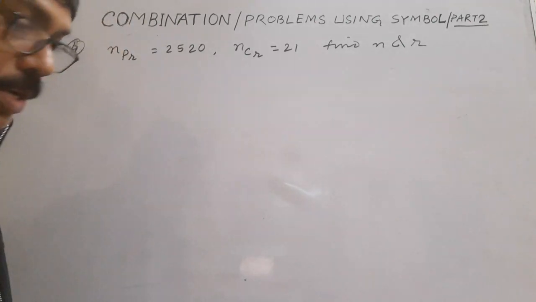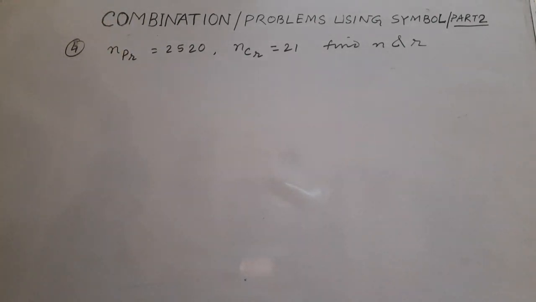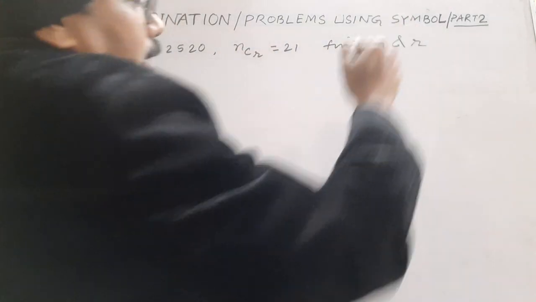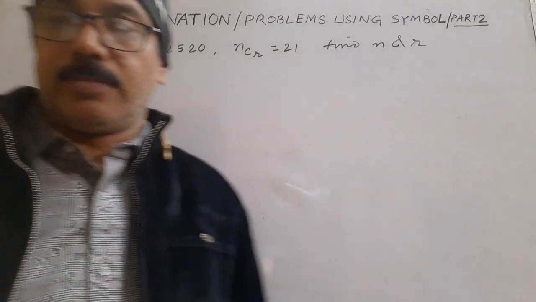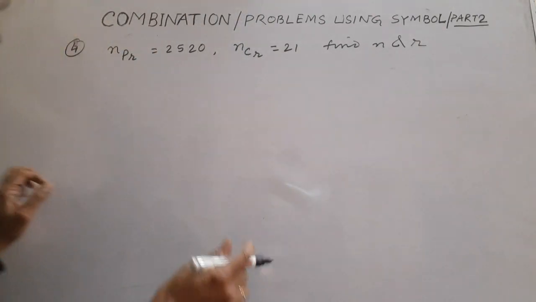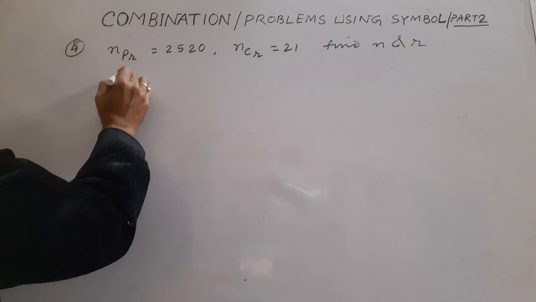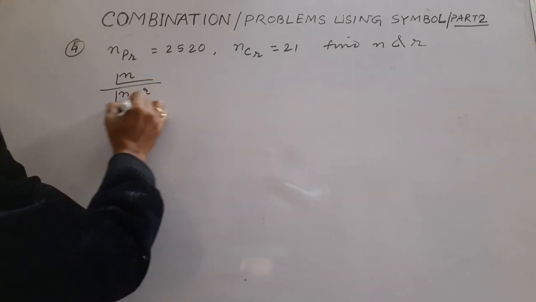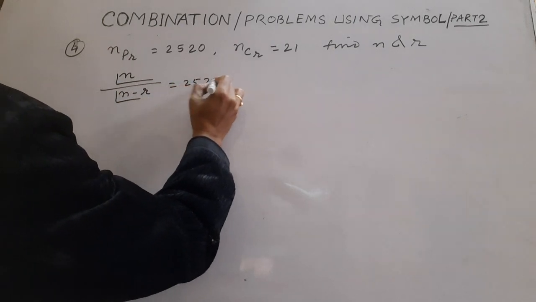Now, next problem. nPr equals 2520, nCr equals 21. Find n and r. So you expand the symbol. Factorial n by factorial n minus r equals 2520.